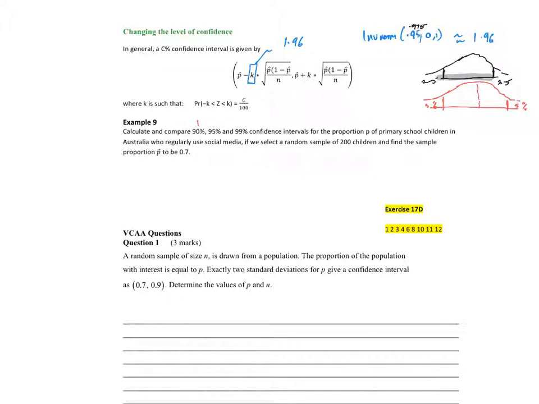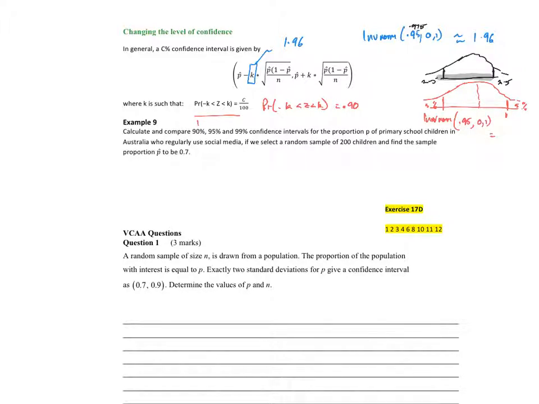So I'm saying the probability that whatever the K value happens to be is going to be equal to 0.9. If I go to inverse norm, to be less than that point there, it's 0.95 on a 0,1.